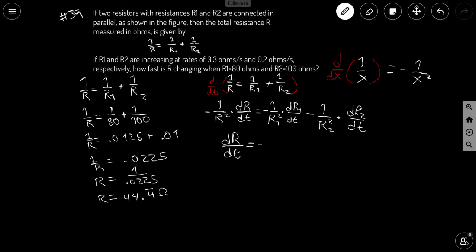Since there's already a negative in both terms, the negatives are going to get rid of each other since there's negatives on both sides. That's what I'm trying to say. So I went ahead and multiplied both sides by R squared, and I'm just going to rewrite it.